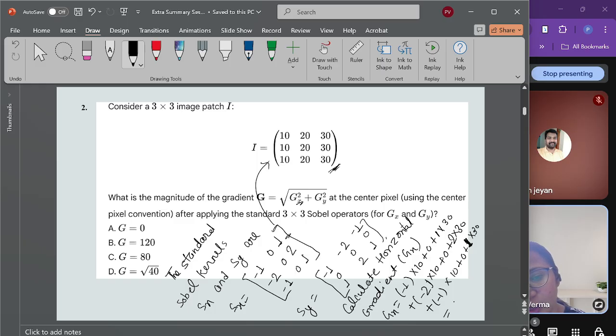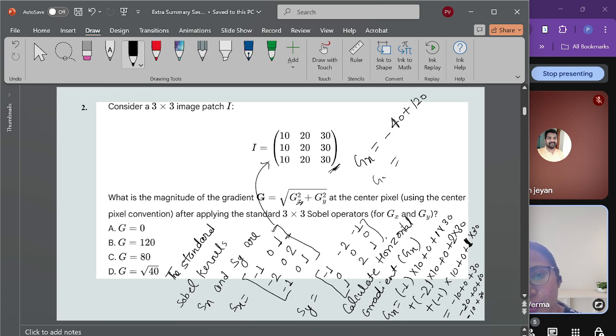Overall, you will get here -10 plus 0 plus 30, minus 20 plus again 0 plus 60, minus 10 plus 0 and plus 30. So if you add or subtract these values, you will get -40 plus 120.